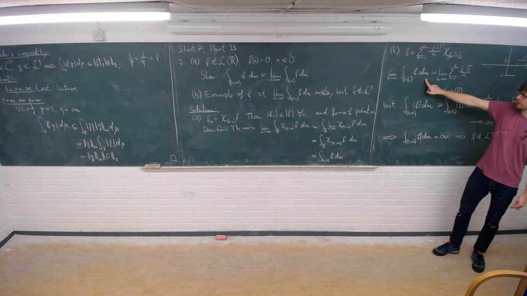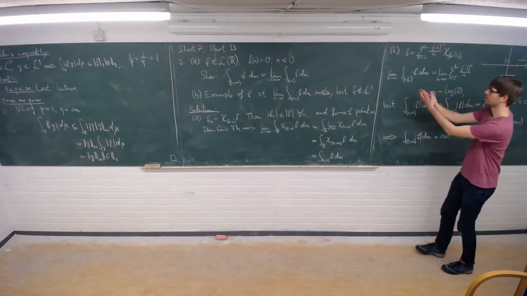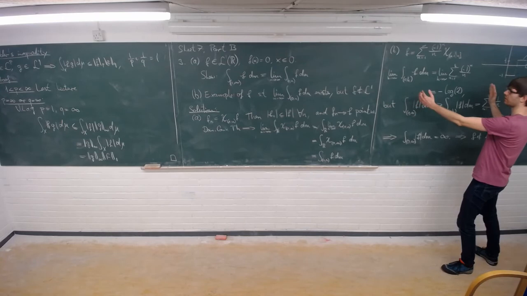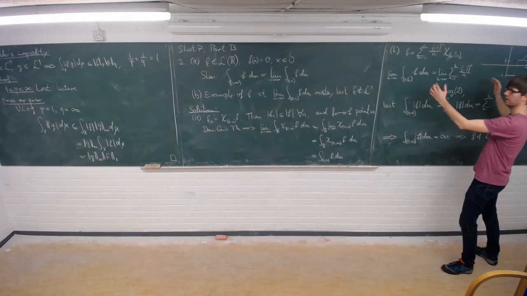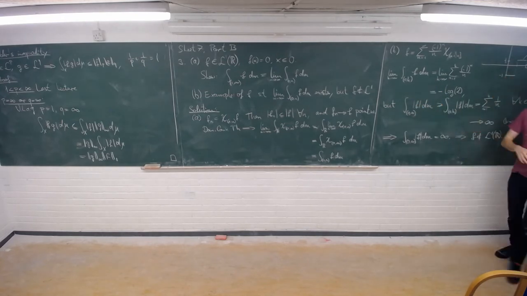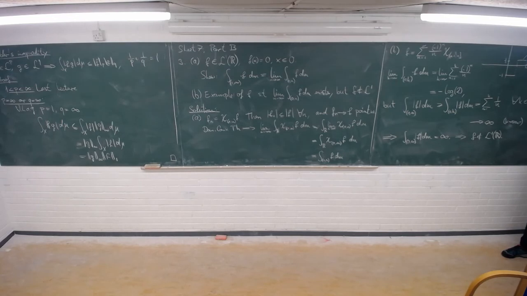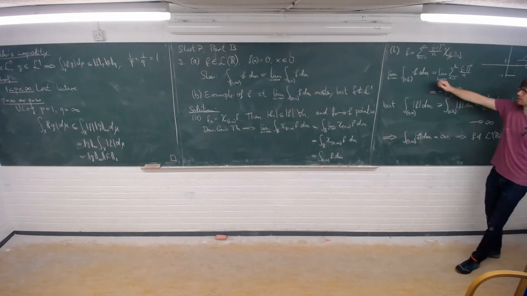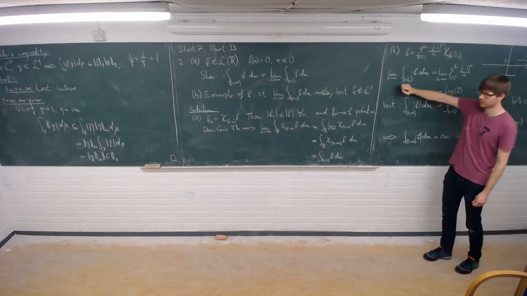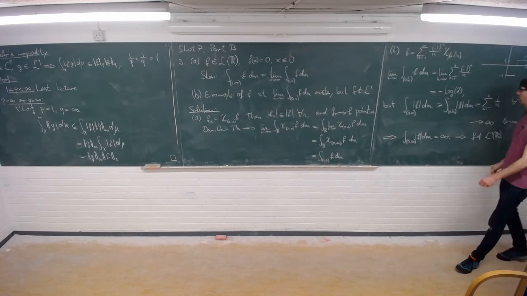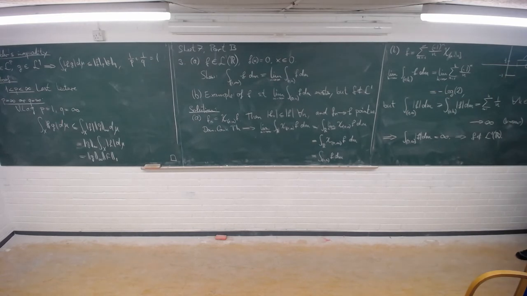Improper Riemann integral means you integrate to a finite number, compute the integral, and then you let this number go to infinity. And the limit that you get is called the improper Riemann integral. So this is an example of a function for which the improper Riemann integral exists, but the function is not Lebesgue integrable.